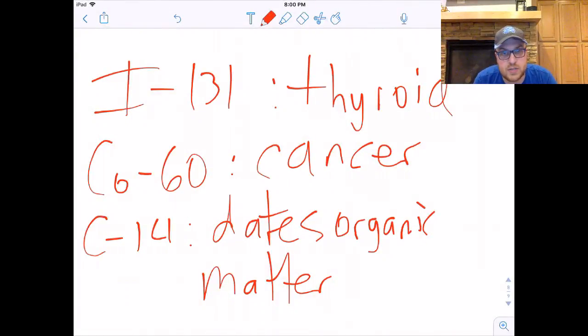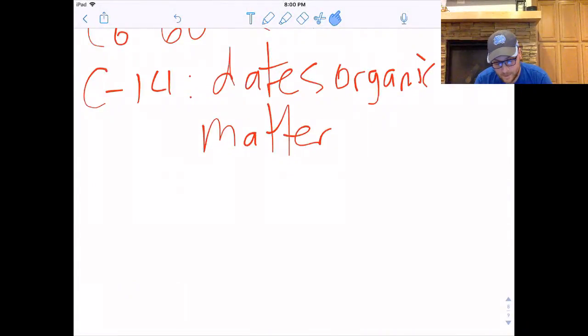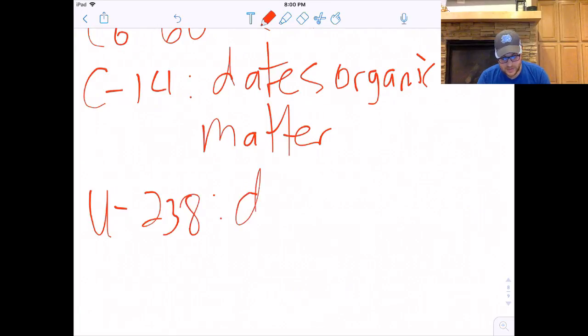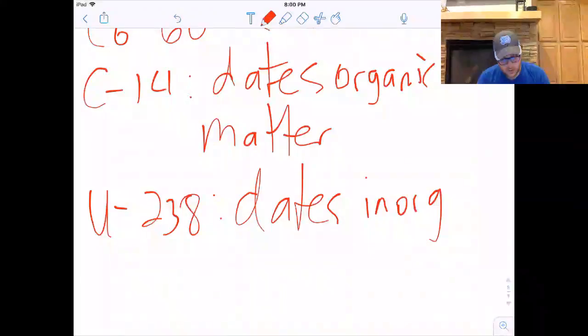And then there's uranium-238, something like that, which dates inorganic, aka geological, aka rocks. Stuff that was never alive and never will be alive.